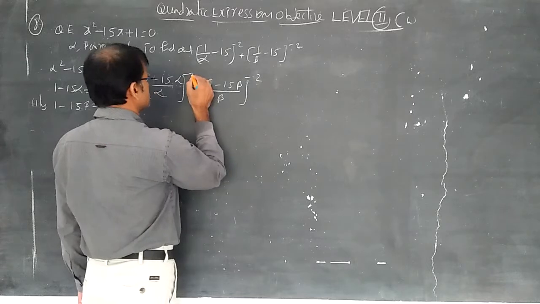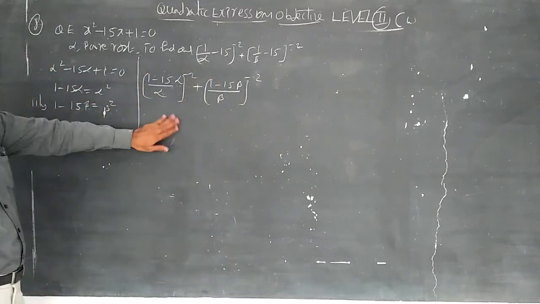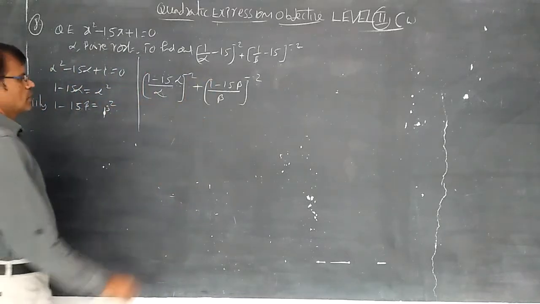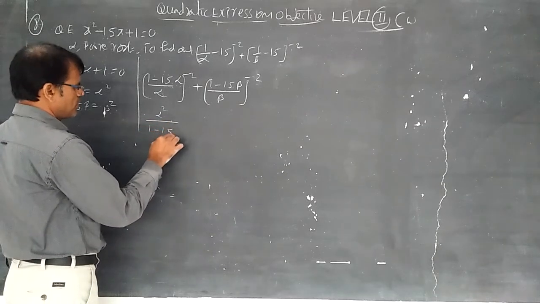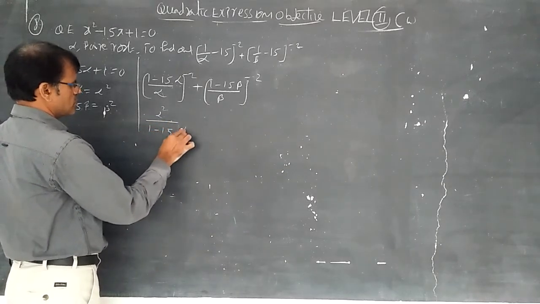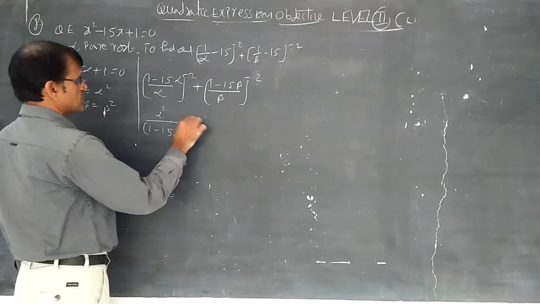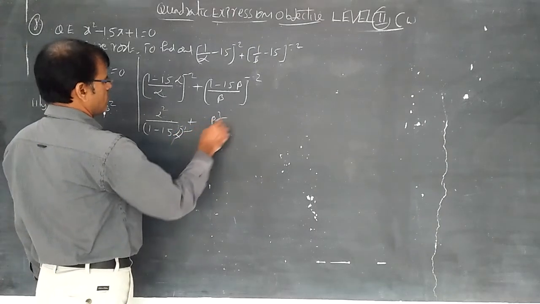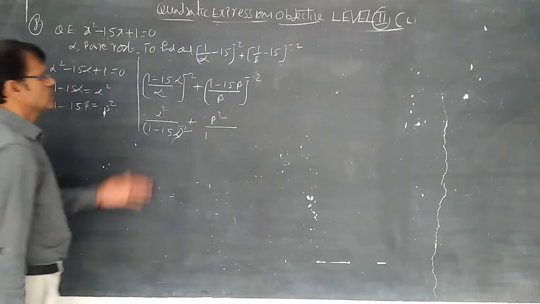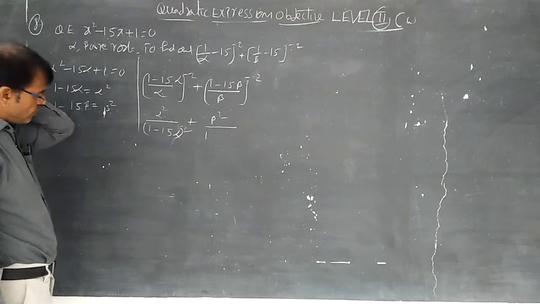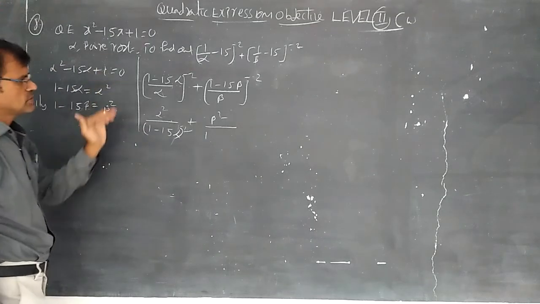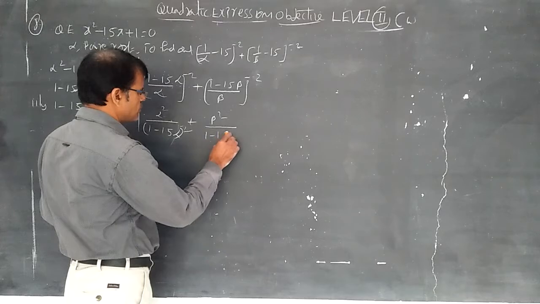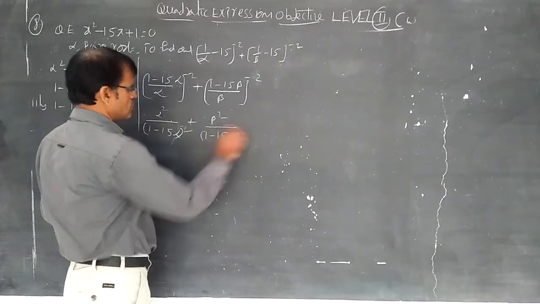This is minus 2. Now take the reciprocal. It becomes alpha square by (1 minus 15 alpha) whole square plus beta square by (1 minus 15 beta) whole square.